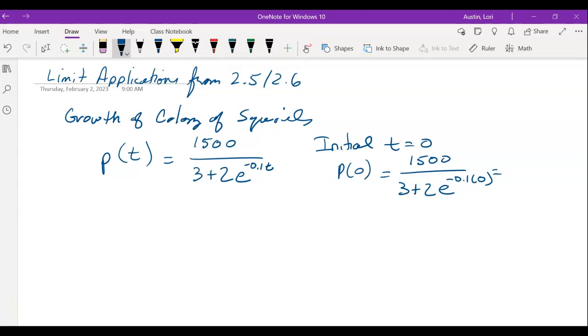So let's calculate this. It will be 1,500 divided by, okay, what's e to the 0, everybody? 1, right? e to the 0 is 1.